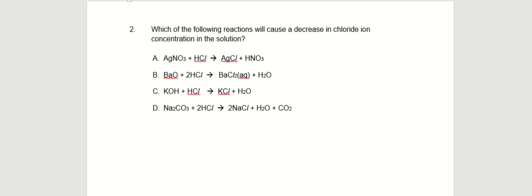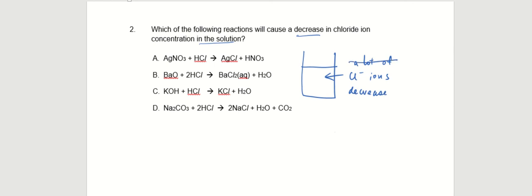Which of the following reactions will cause a decrease in the chloride ion concentration in the solution? Okay, so now we are looking for a reaction where at first we start off with a lot of chloride ions, but after the reaction, the chloride ion concentration will decrease.